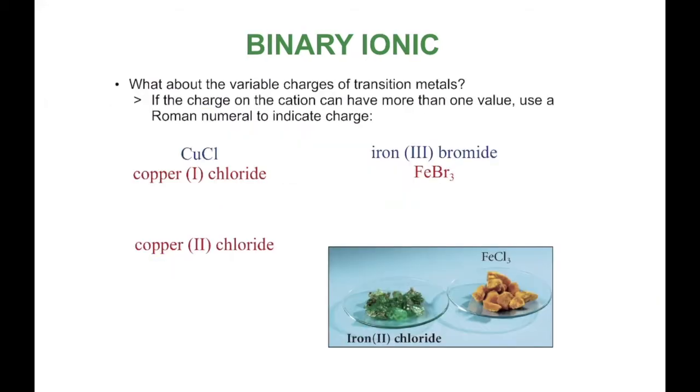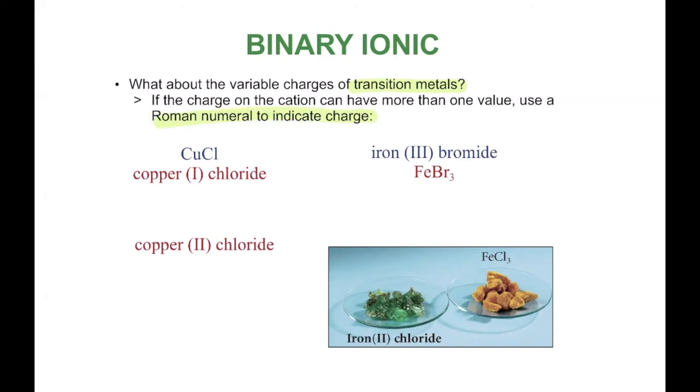The second type of binary ionic compounds involves transition metals. So these are metals not in group 1 and group 2. And so remember, we talked about those transition metals being able to have a number of different ions. The way that we distinguish the specific ion that's used in that molecule is using Roman numerals. We use that Roman numeral to indicate the charge that's on our atom.